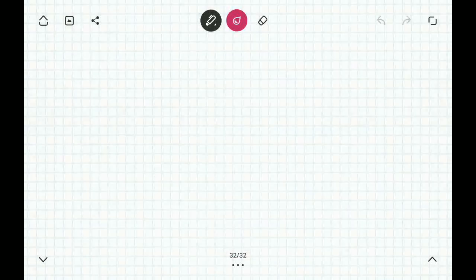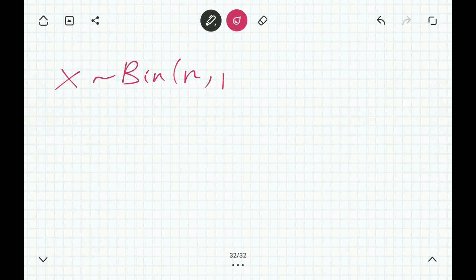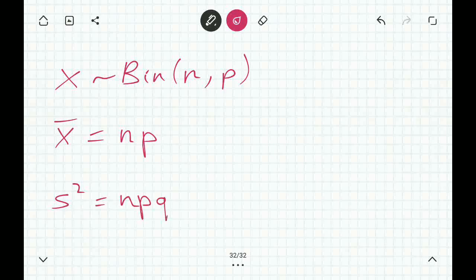So if I have some random value which has the binomial distribution with n trials, probability of success being p, then my mean value will be just n times p, and my variance will just be n times p times q.